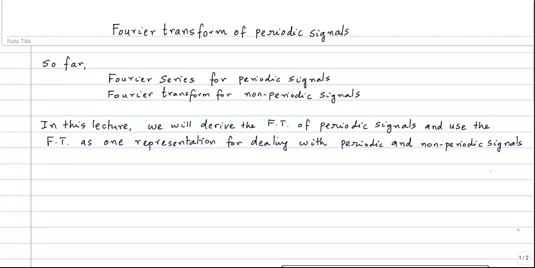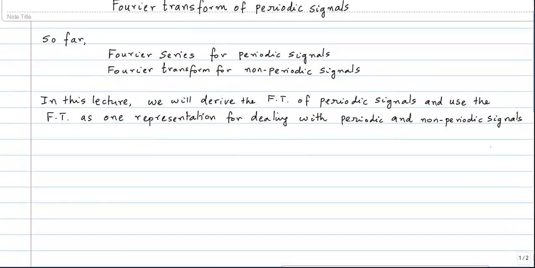Okay. Now, to derive the Fourier transform of periodic signals, let's recall a few basic Fourier transform pairs. The Dirac delta function delta of t has a Fourier transform which is just 1.